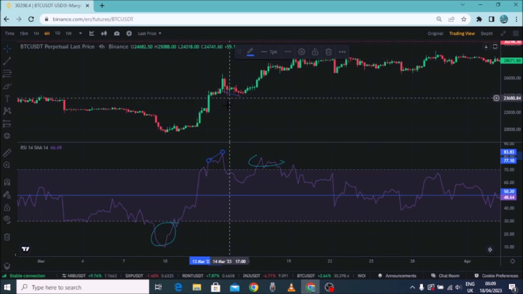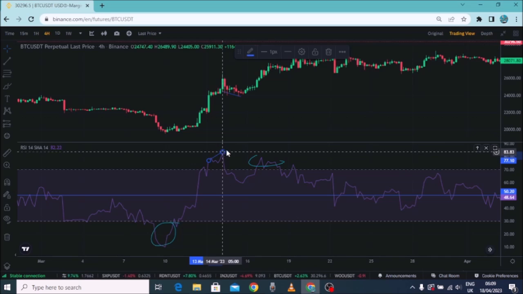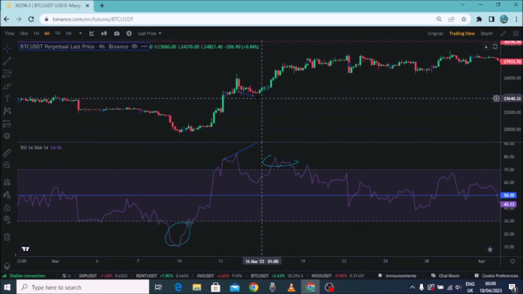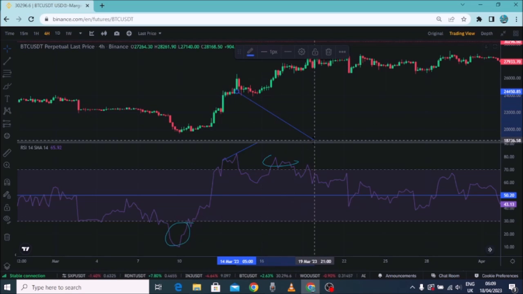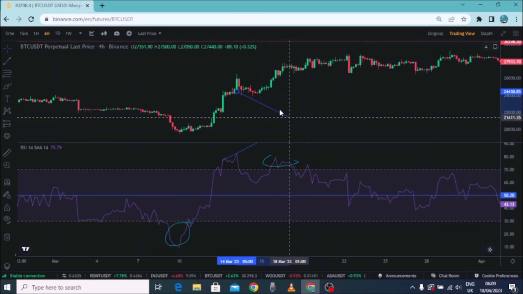When you are trading such a divergence, it means that when this one moves like this and this one moves like this, it must make at least a triangle. That's what is called a divergence.